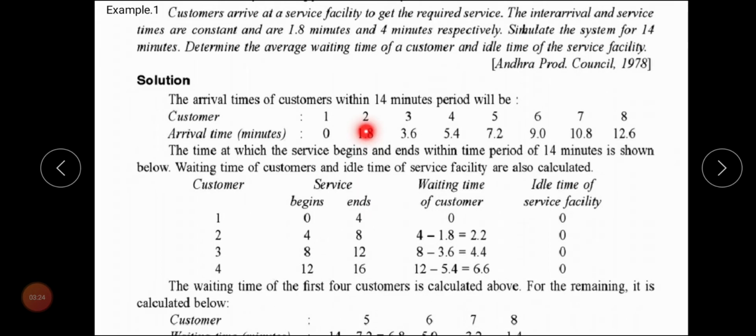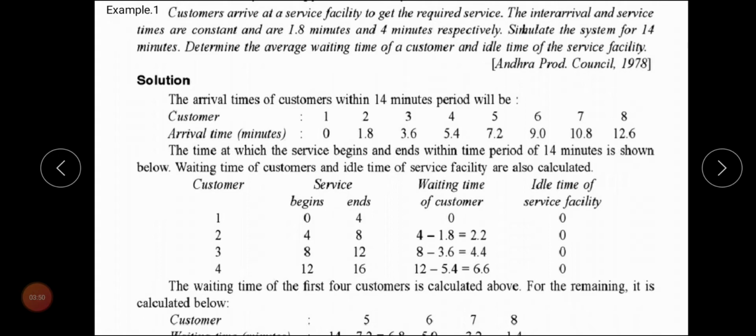Then the third customer is plus 1.8, that is 3.6 minutes from the start. Then plus 1.8, 5.4, plus 1.8, plus 1.8, plus 1.8. In this way the 8th customer will arrive at 12.6.